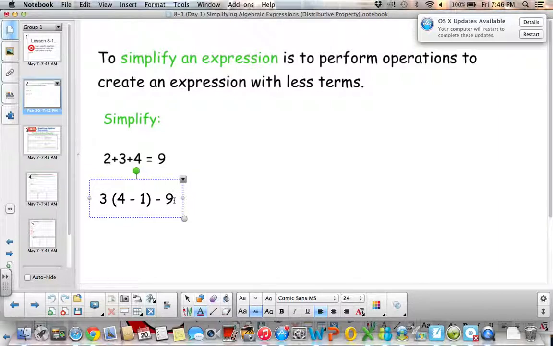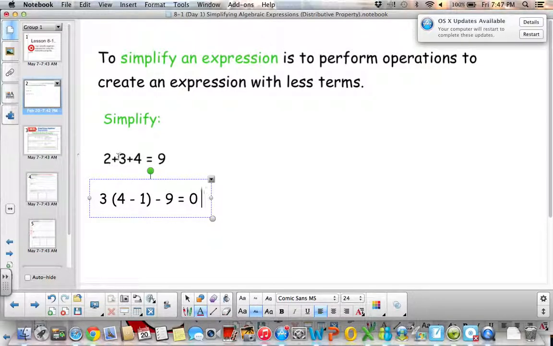Okay, if we look at 3 times 4 minus 1 minus 9, we can think way back to PEMDAS and know that we do our parentheses first. So 4 minus 1 is 3. So we would go 3 times 3 is 9 minus 9, and we get 0. So our simplified terms would be 9 and 0 for these two expressions. 2 plus 3 plus 4 is an expression. 3 times 4 minus 1 minus 9 is an expression.